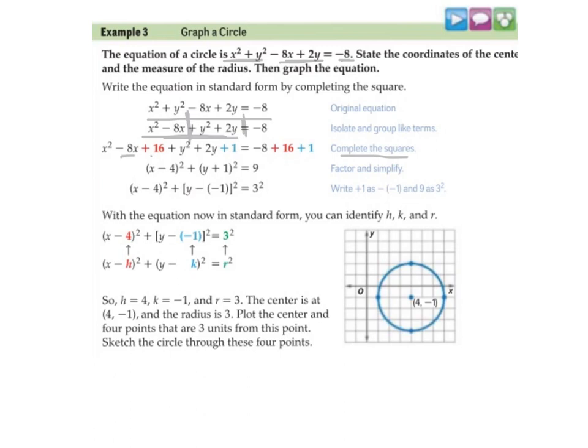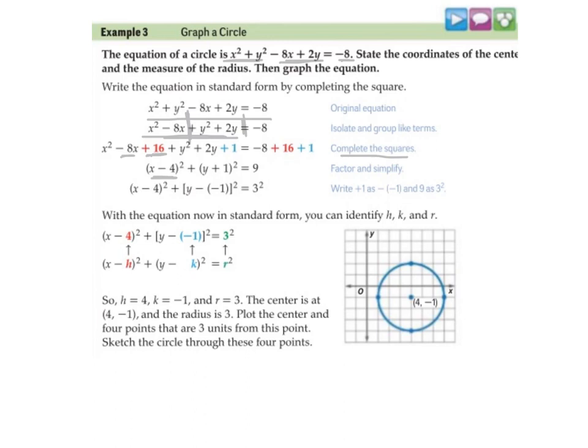So half of -8 is -4, and -4 squared is 16, and that will complete the square for the x's. And then you factor x squared minus 8x plus 16, and then it's just basically whatever you halved becomes whatever is inside your parentheses, and then we will solve for that in a minute.